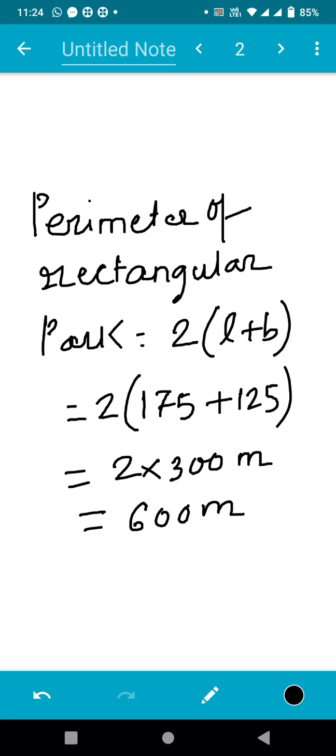Now we have to find the cost. In the question the cost per meter is given as 12, that is the cost of 1 meter. But what is the total length we have to fence? That is 600 meter, isn't it? So now let's go to the next page.